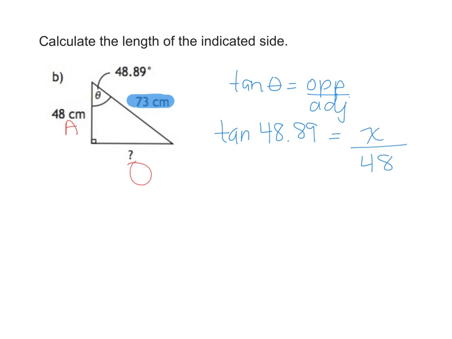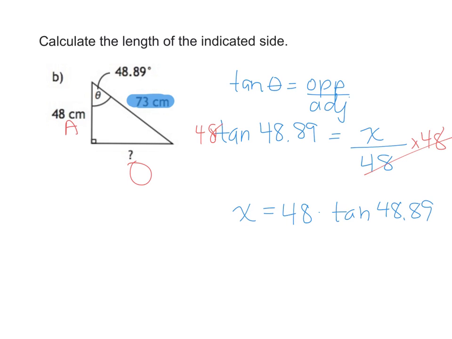The value that we're trying to find here is on the top. So this one's actually kind of easier to do than the other one, because all I have to do is multiply by 48 here and here. That 48 cancels out, and we get x equals 48 times tangent of 48.89.